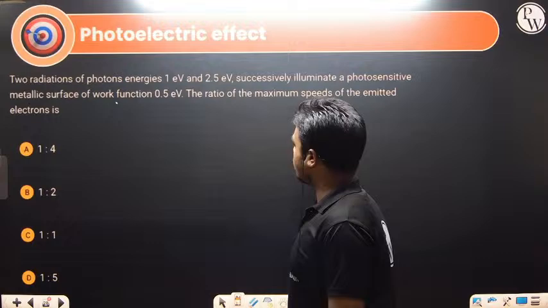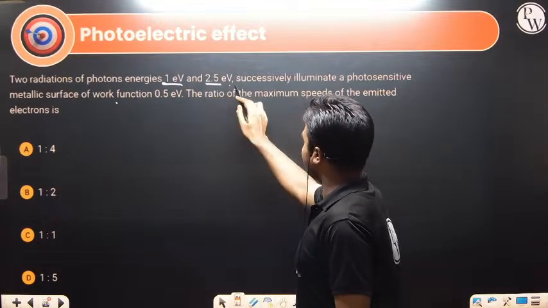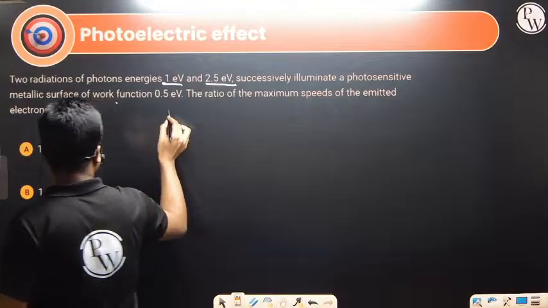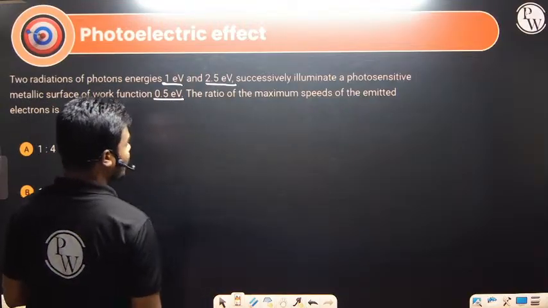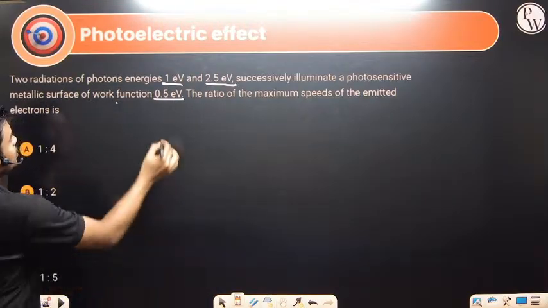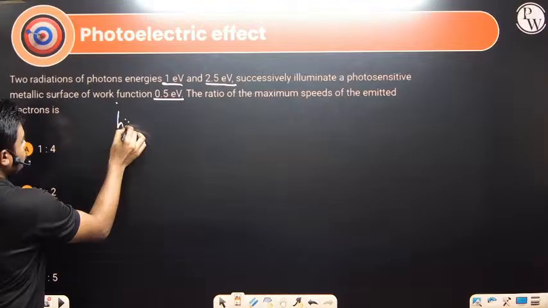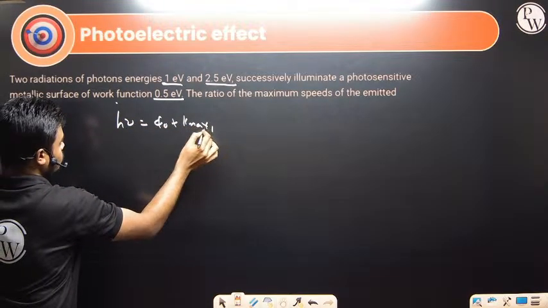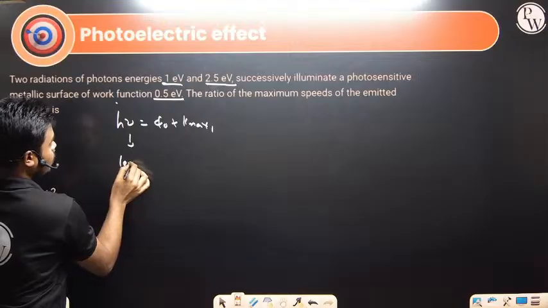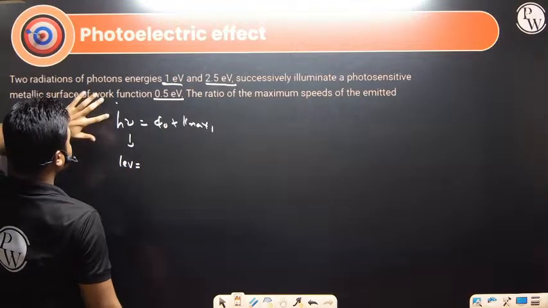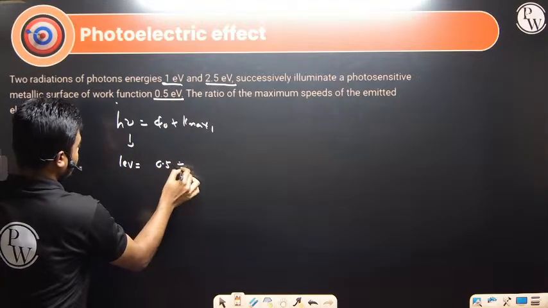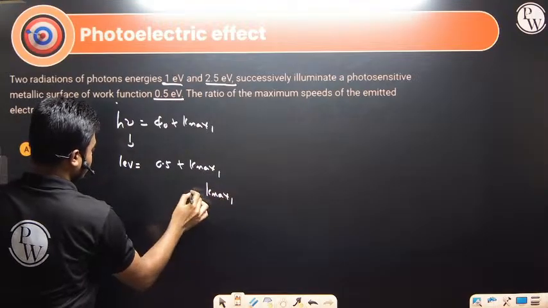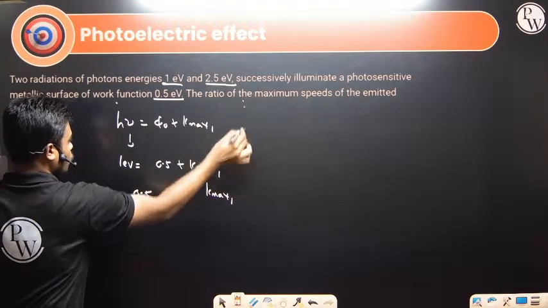Two radiations of photons of energy 1 eV and 2.5 eV successively illuminate a photosensitive metal of work function 0.5 eV. Find the ratio of the maximum speed of the emitted electrons in this case. First, h nu equals phi naught plus k max 1. Putting in the values, 1 eV equals 0.5 plus k max 1, so k max 1 is 0.5. This is case number 1.